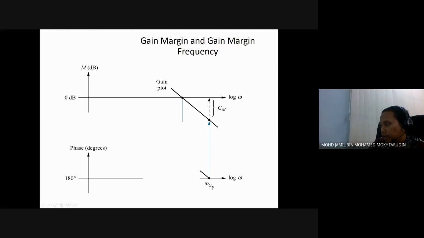So first you need to determine gain margin frequency, and then at gain margin frequency, determine the difference between 0 decibel and the gain from the magnitude plot. So this one is gain margin frequency, and this is gain margin.